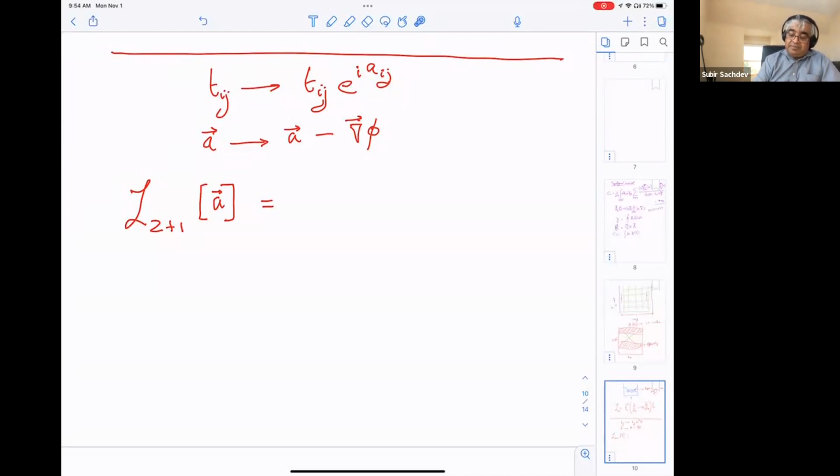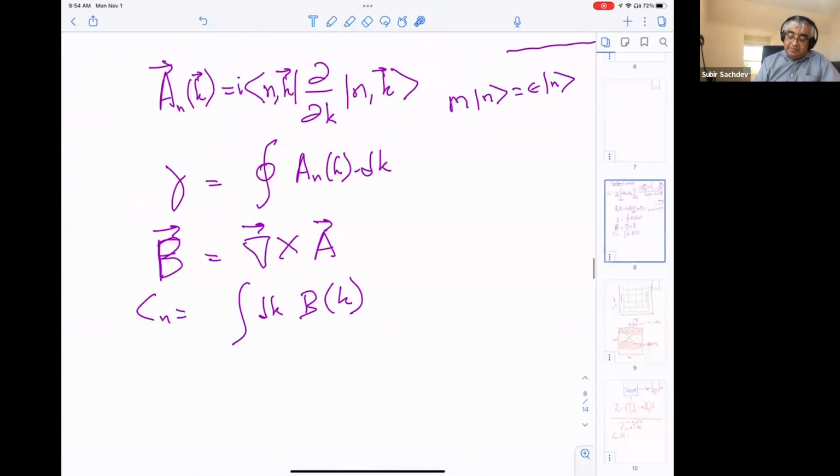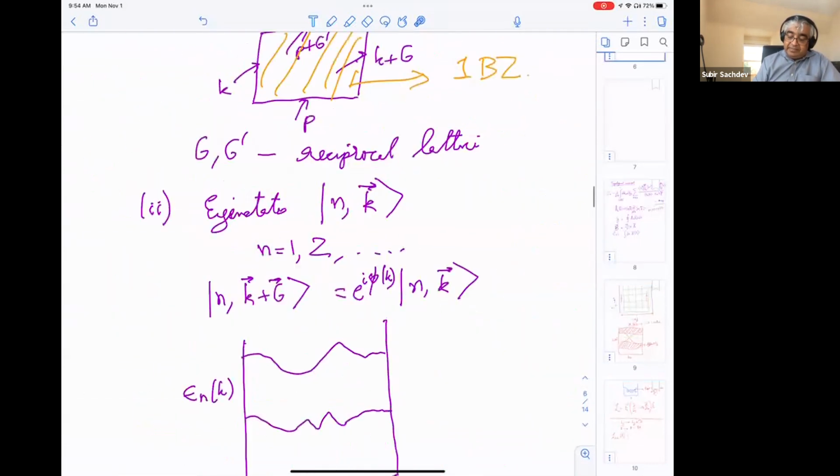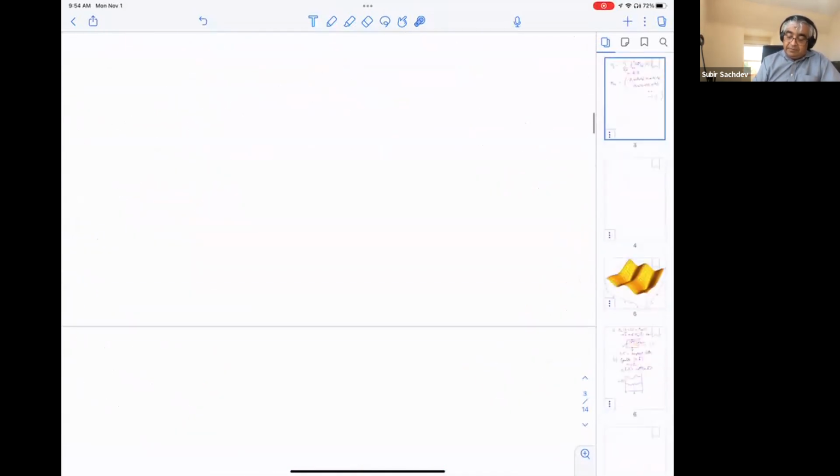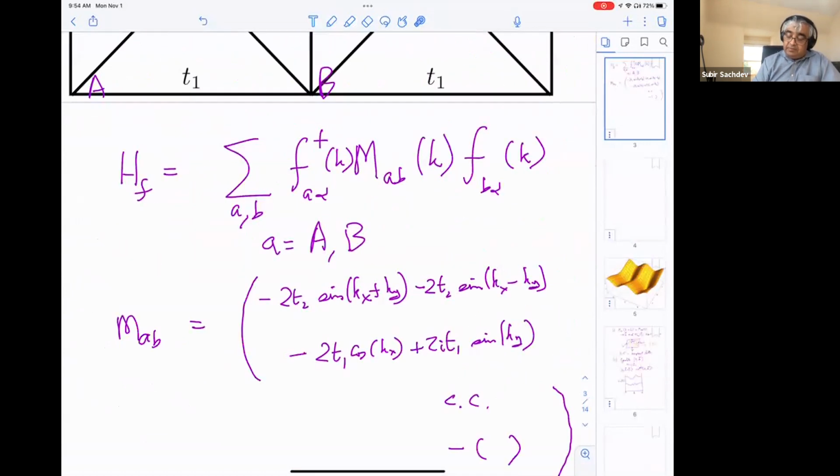Now, what happens now? So what this A, as you can see from this expression, changes the hopping matrix elements. So when I change the hopping matrix elements, I'm going to change also the values of M_AB. So let's take A to be essentially spatially uniform for now and slowly varying in time. That turns out to be the most important case.